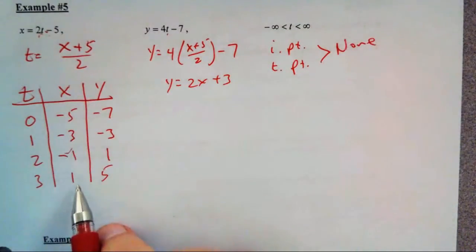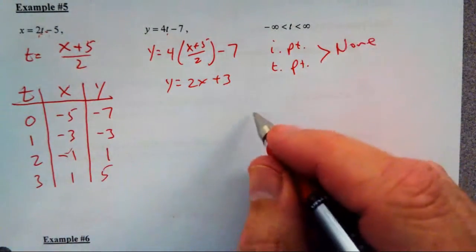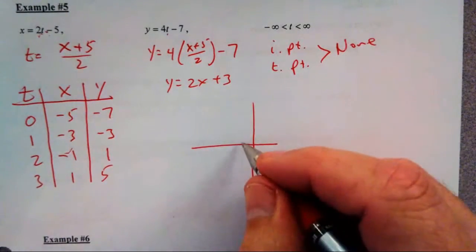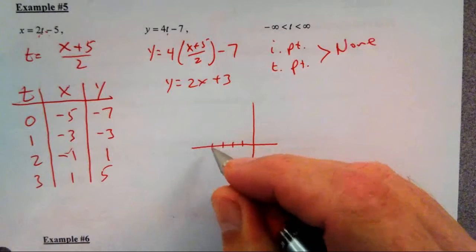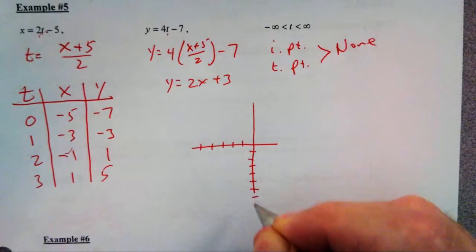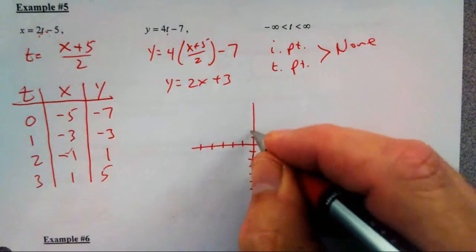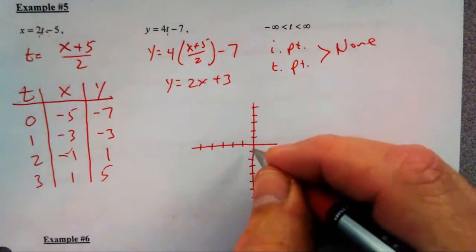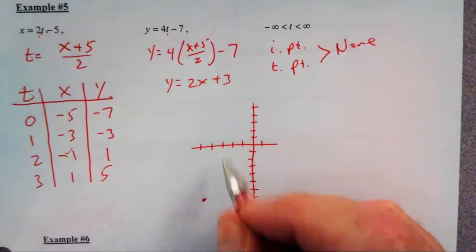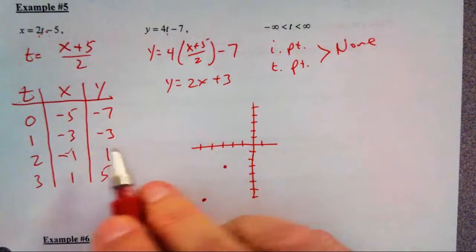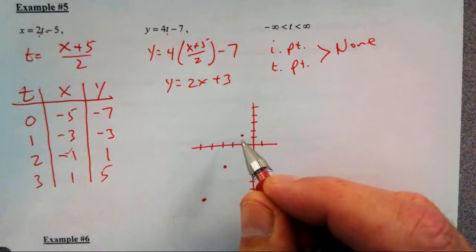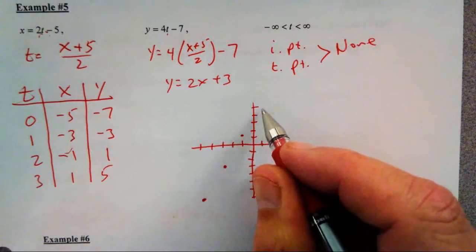Let's graph it. I need x's that are primarily negative, y's that are a mixture. The points are negative 5, negative 7; negative 3, negative 3; negative 1, 1; and 1, 5.